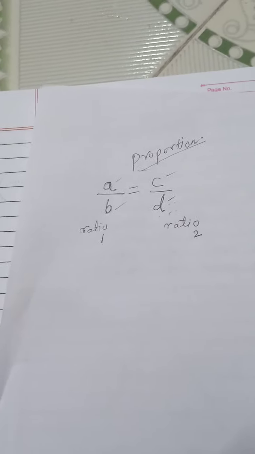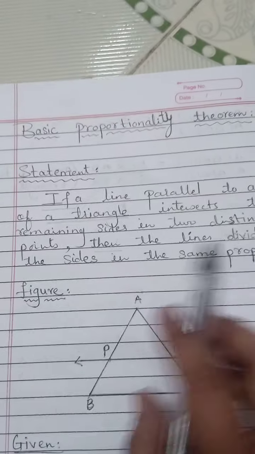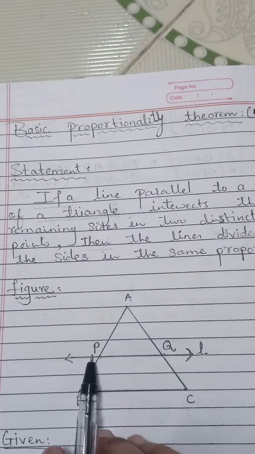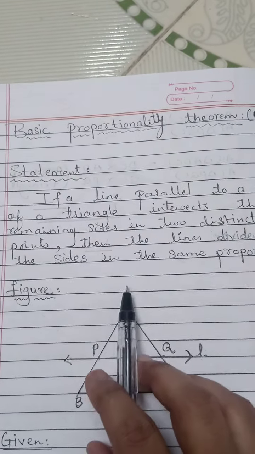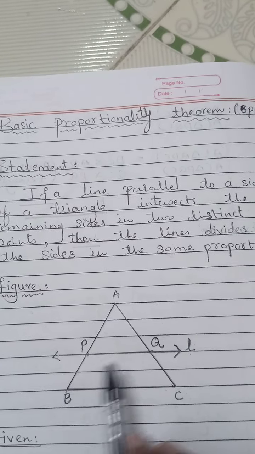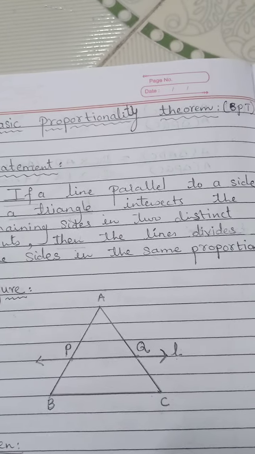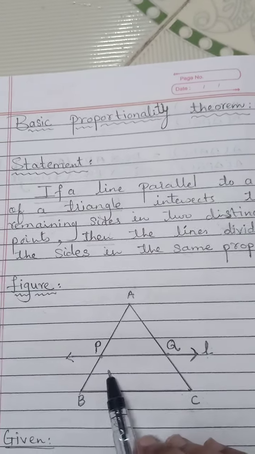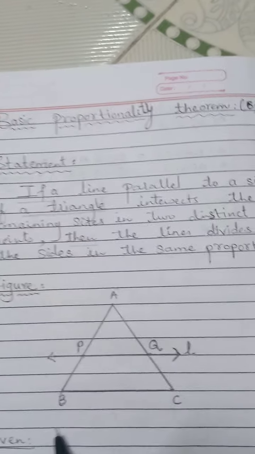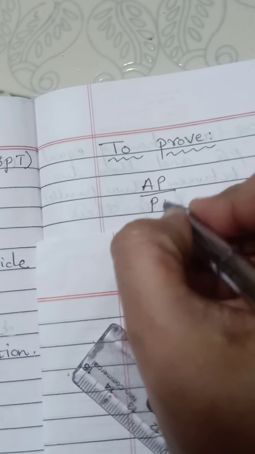Exactly in the same way we have to use it here also. So "then the line divides the sides": what will be the ratio on one side? Exactly, AP upon PB. And what will be the ratio on the other side? That is AQ upon QC. So we'll take that only. The first ratio is AP upon PB.